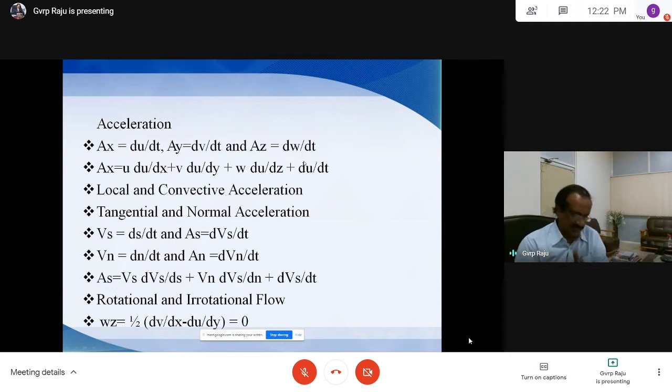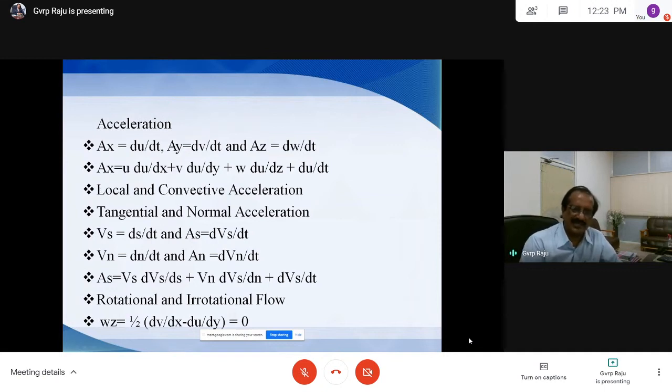Why I am stressing here is that there are two types of acceleration. One is changing velocity with reference to distance, another one is changing velocity with reference to time. One is the local acceleration, another one is the convective acceleration.